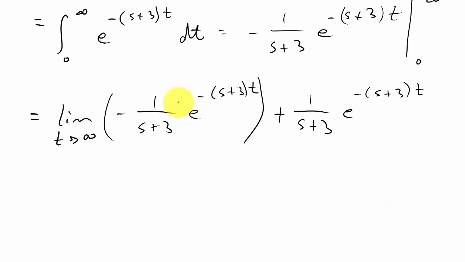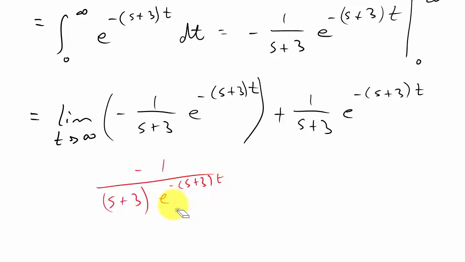Alright, now let's look at this thing. If I take this and move it down into the denominator, it would be 1 over s plus 3 times e to the s plus 3 times t.